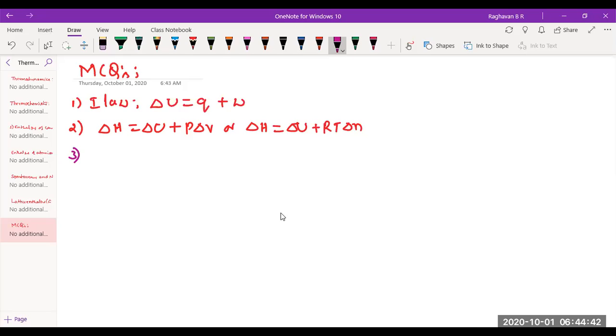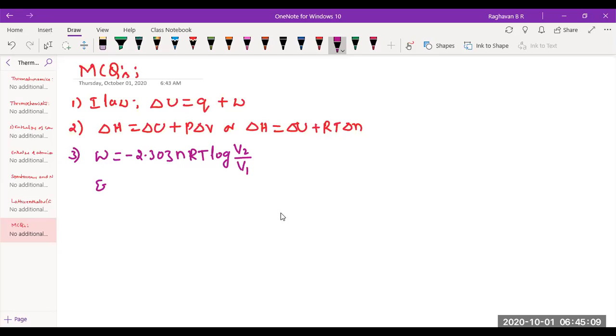Number 3, work done expressions. Work done in reversible isothermal process. W is equal to minus 2.303 nRT log V2 by V1. Sorry, V2 by V1, that is. And in terms of pressure, what it would be? P1 by P2.